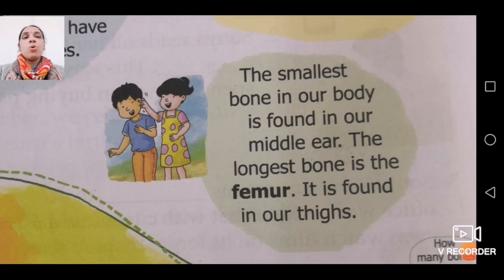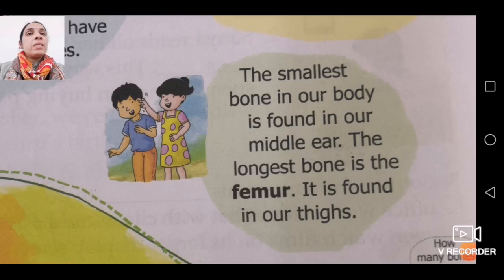The longest bone is the femur, and it is found in our thighs. That I have already told you: the longest bone is present in the thigh, and the shortest or smallest bone is present in our ear, that is the stirrup, and the longest bone is present in your thigh.